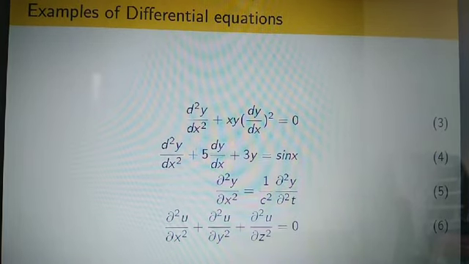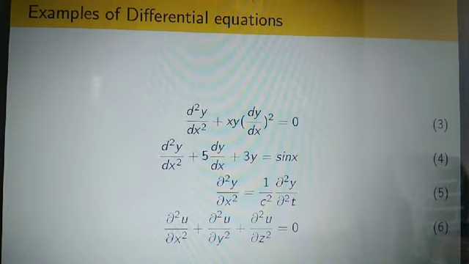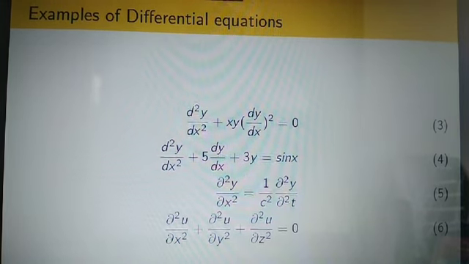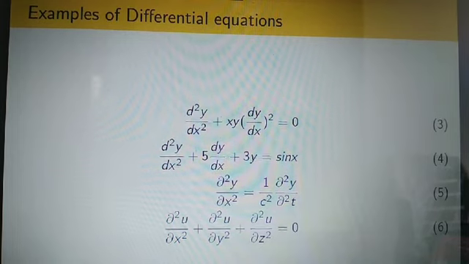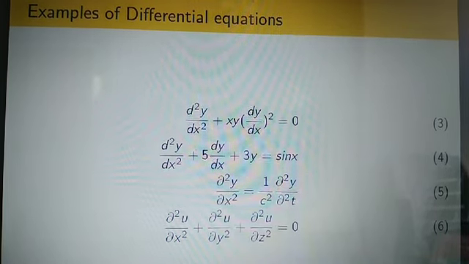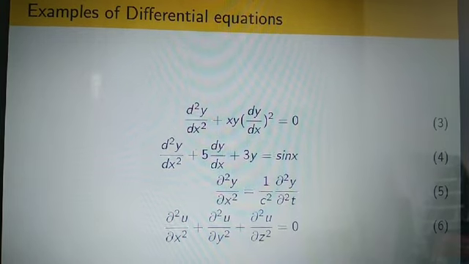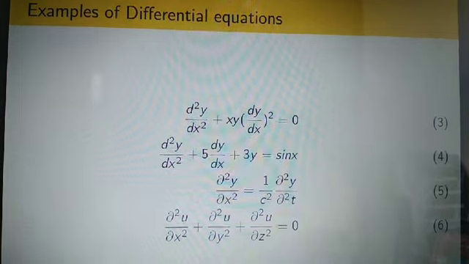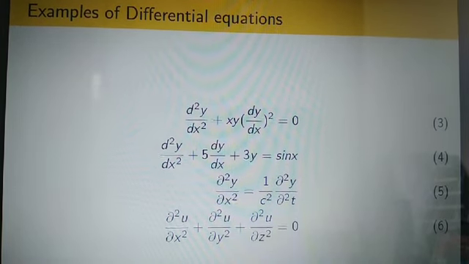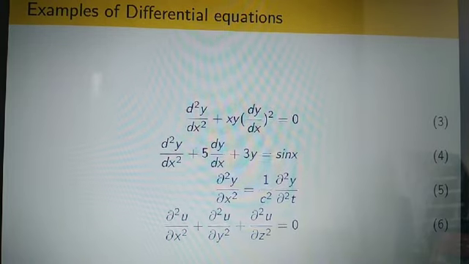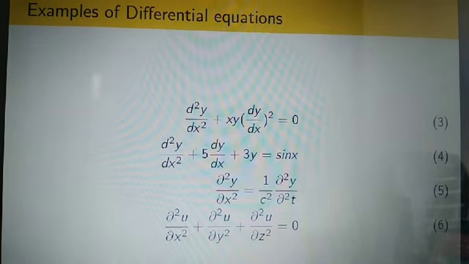Here we see that there are two independent variables, x and t, and the derivatives involved are partial derivatives. That's why this is a partial differential equation, and it is a very important one. You can note that it is the wave equation.